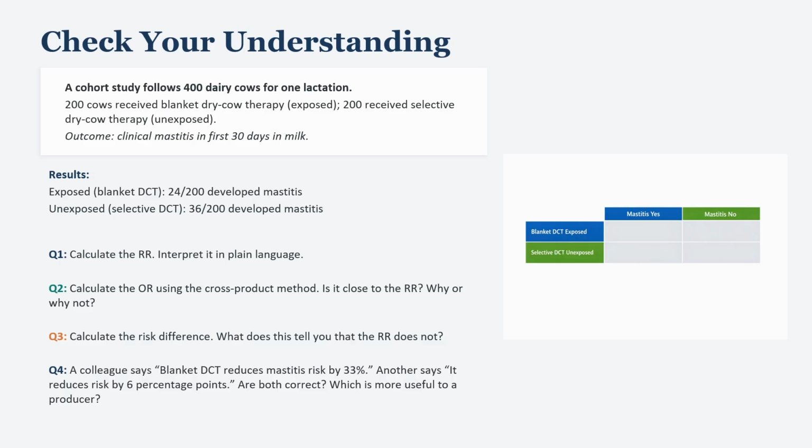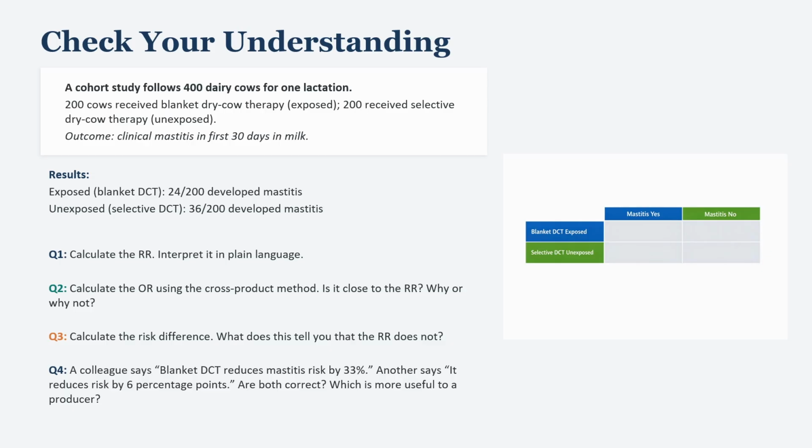Plain language, cows receiving blanket dry cow therapy were 0.67 times as likely, or about 33% less likely, to develop clinical mastitis in the first 30 days in milk compared to cows on selective dry cow therapy. Because RR is below 1, blanket DCT is protective relative to selective DCT in this study.